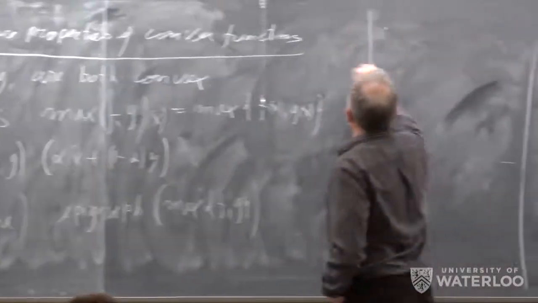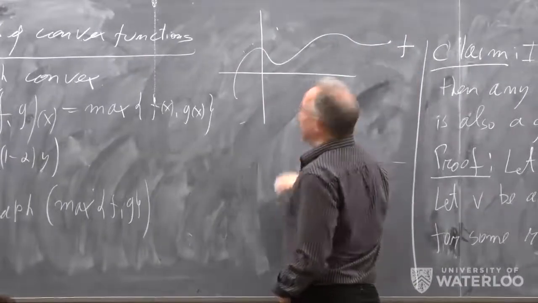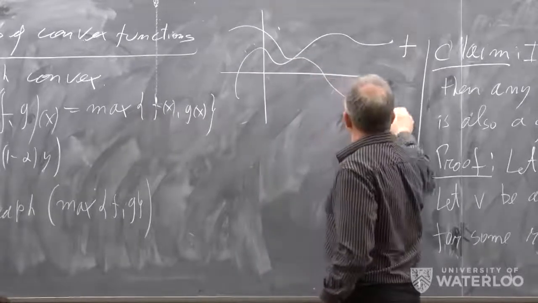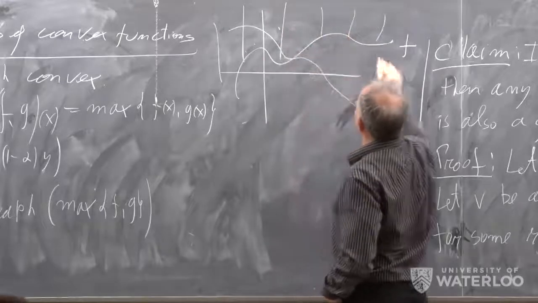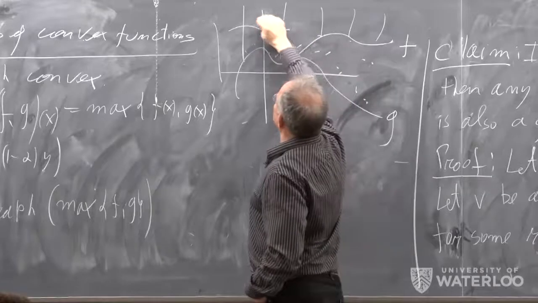So you see the epigraph, here I have one function f. And here I have another function g. The epigraph of f is this. The epigraph of g is everything above g.